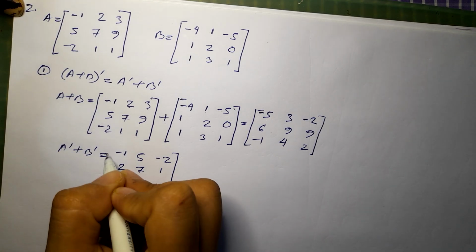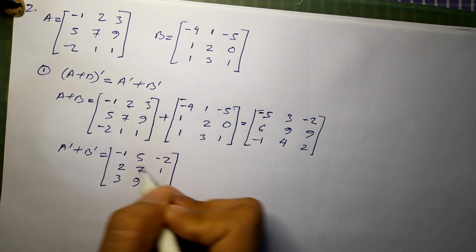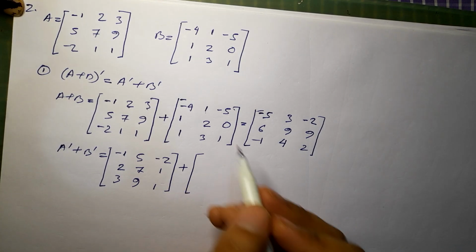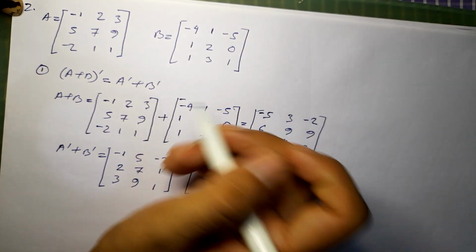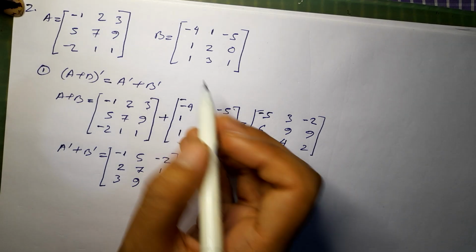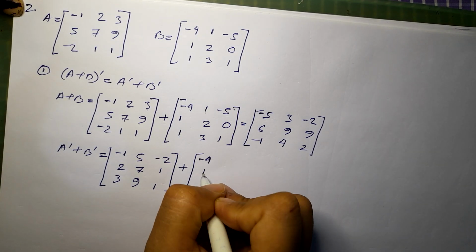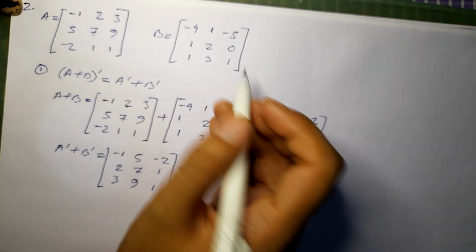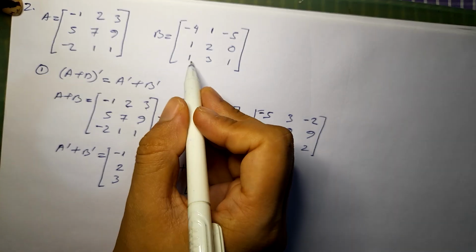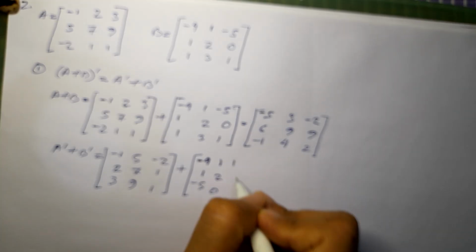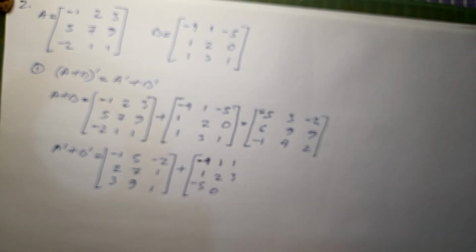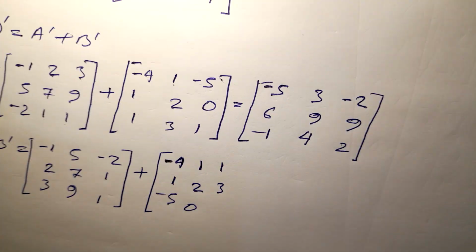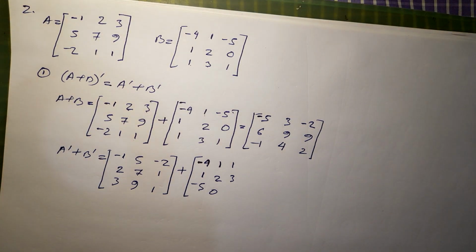This is A transpose. Now B transpose: rows will become columns. So -4 1 -5, 1 2 0, 1 3 1.